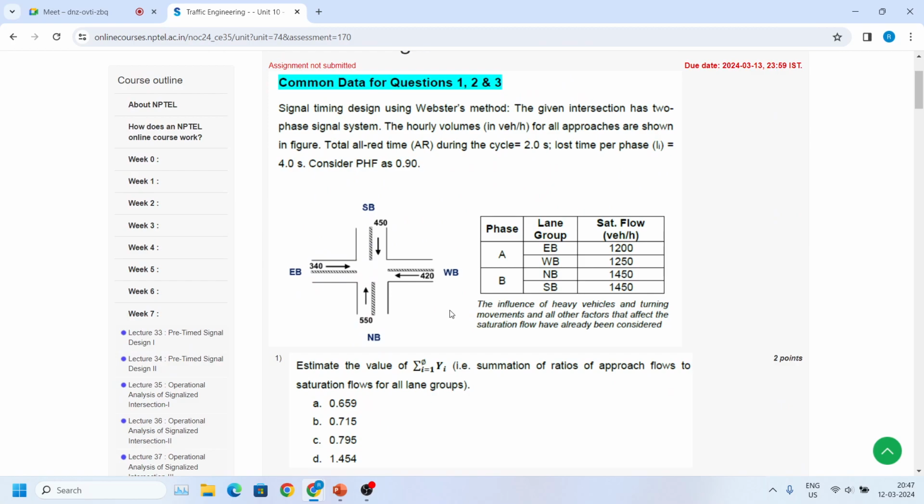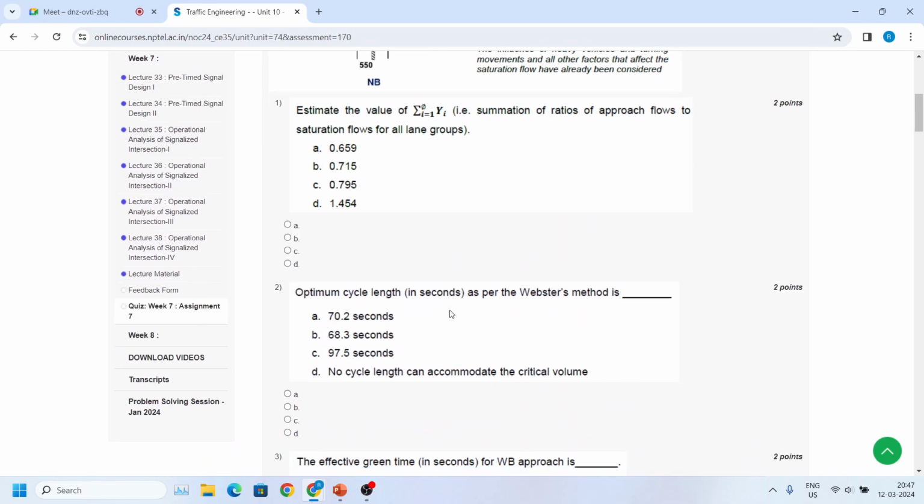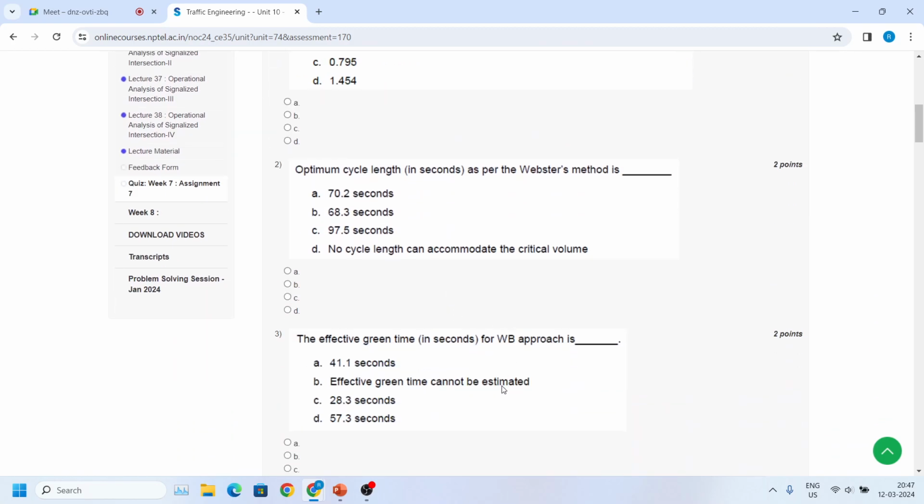Yeah, this seems to be confusing. I think you can estimate it. Should be false. But again, there is no clarity as such, because you can get your QIJ by SJ for westbound.